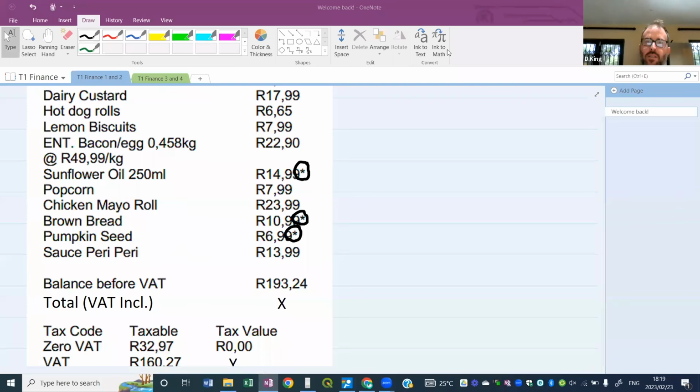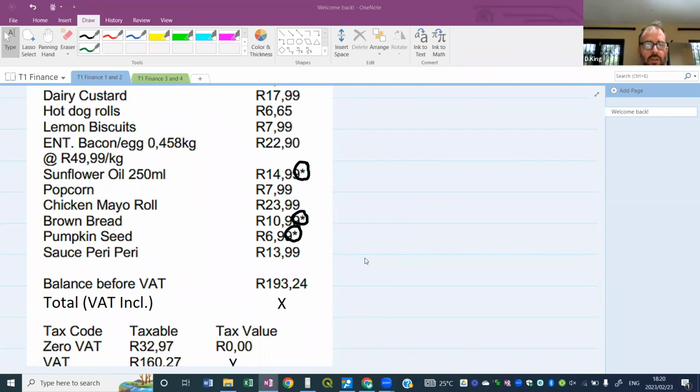So what we're going to do is take the VAT rated items here, and I'll show you the zero VAT rated items. They'll take them out. We're going to do a calculation on only the VAT rated items. We will ignore a VAT calculation on the zero VAT rated items.